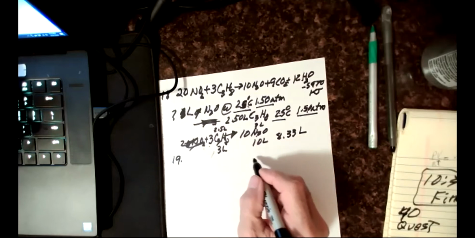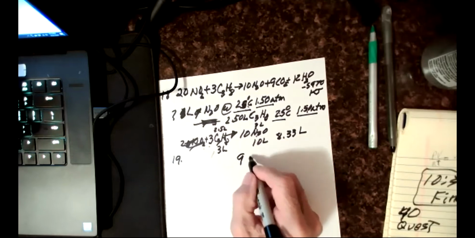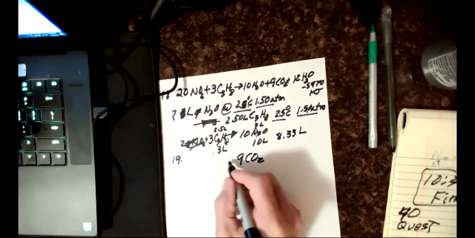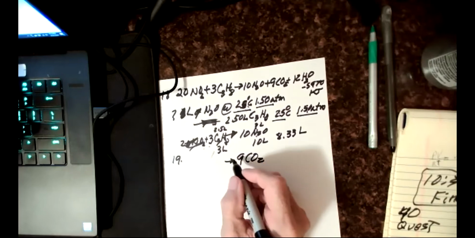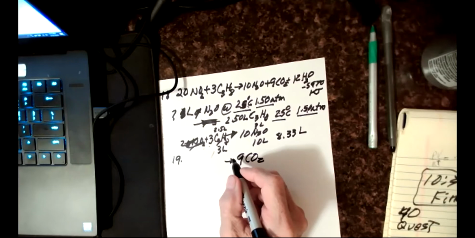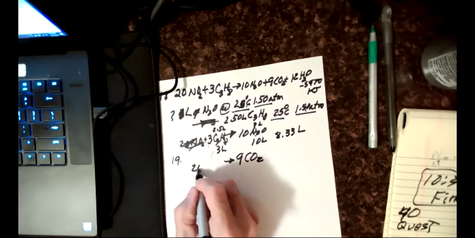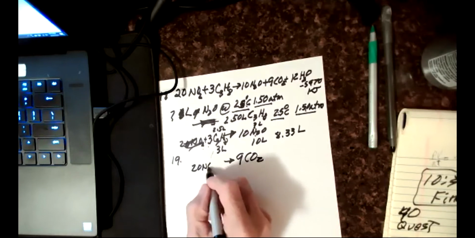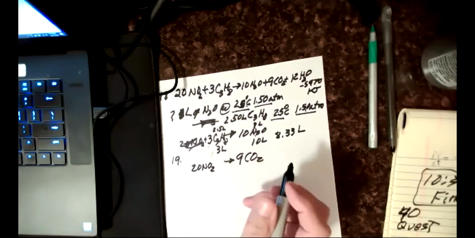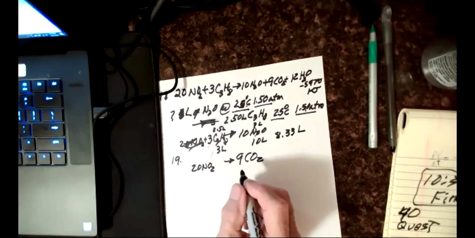So I'm looking at my equation. I've got 9 CO2s on the right. And the other thing we're dealing with is the NO2. And I've got 20 NO2s on the left. So those are the only two things I'm doing.